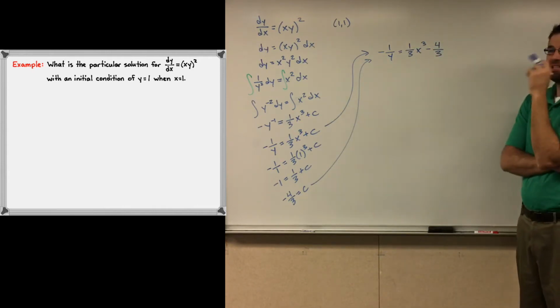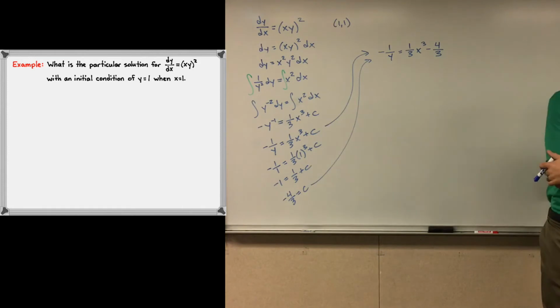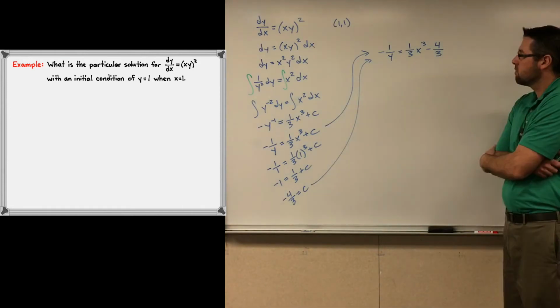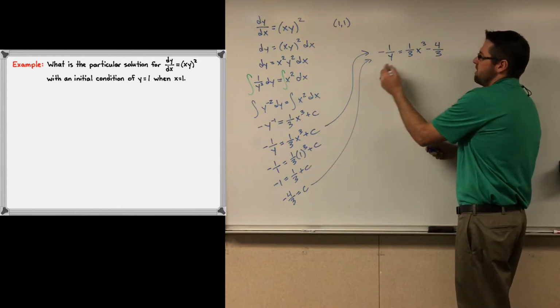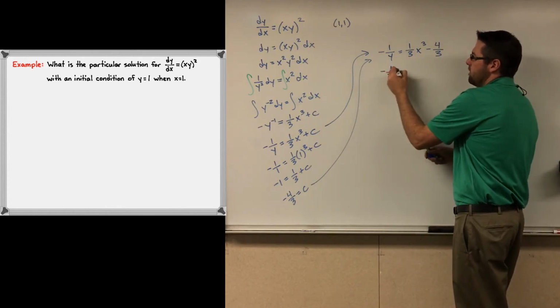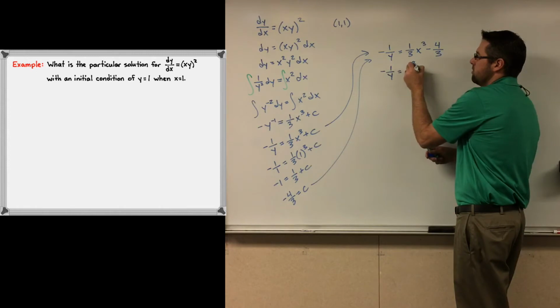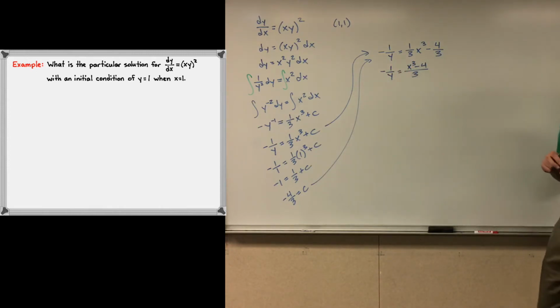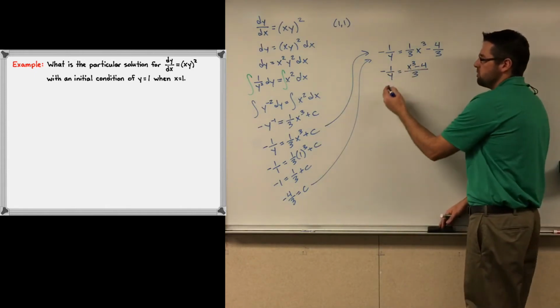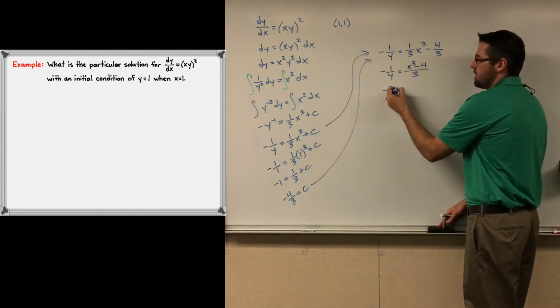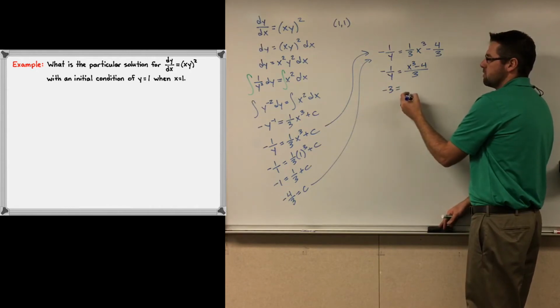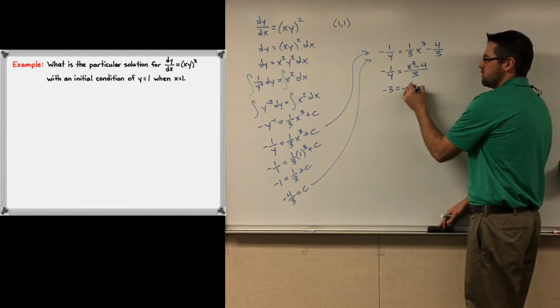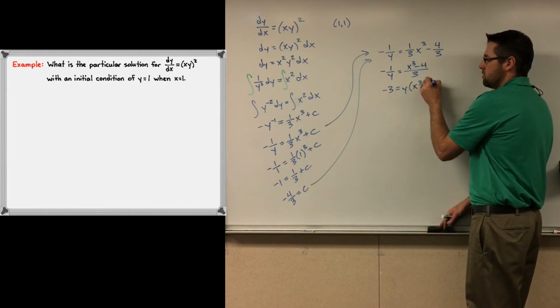But still, this is an interesting problem. We have to get y by itself, right? Okay, so since these have the same base, we could say negative 1 over y equals x cubed minus 4 over 3. That works, doesn't it? I'll look at it a different way in a minute. And then cross multiply, so we get negative 3 equals y times x cubed minus 4.